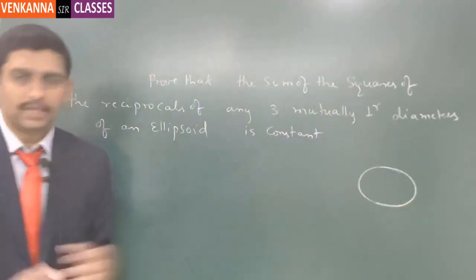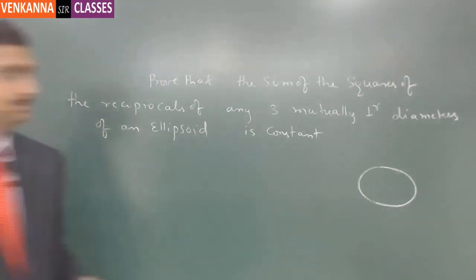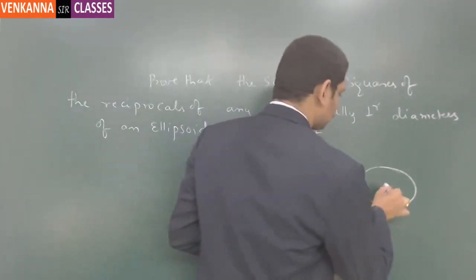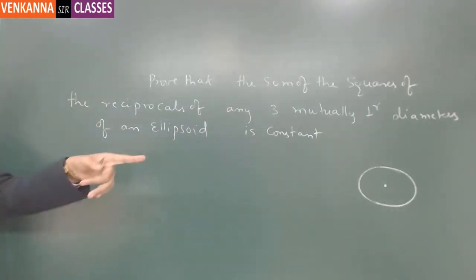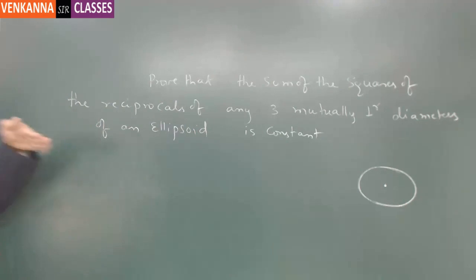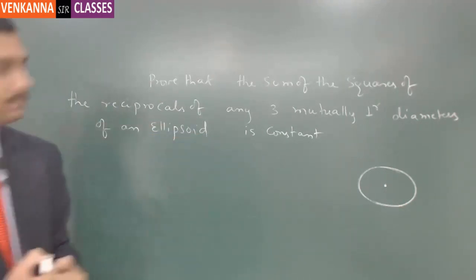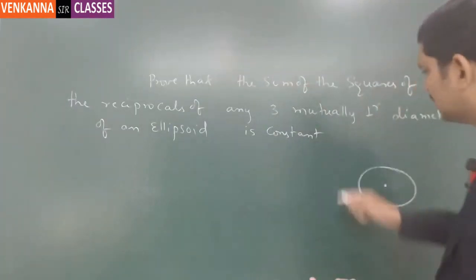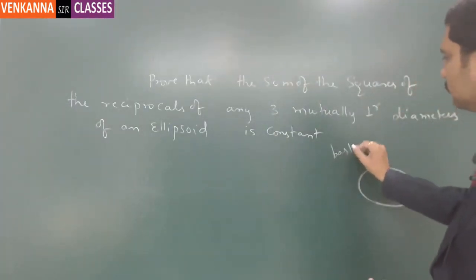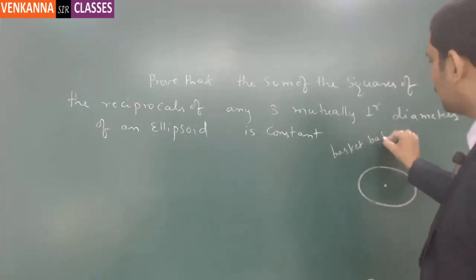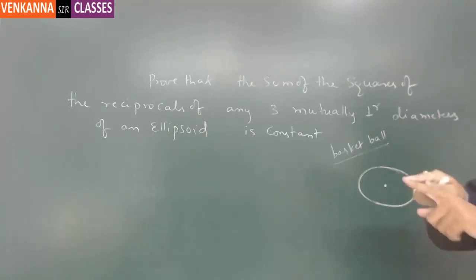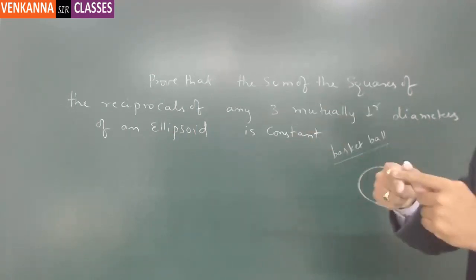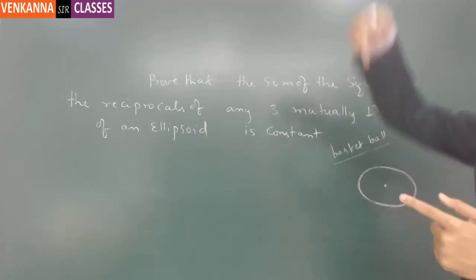Say this is the ellipsoid with the center. Now, what is meant by diameter here? The line, in other words, the chord passing through the center, we call it as the diameter. If you imagine the basketball, for the visualization of the ellipsoid, you take a line horizontally, vertically, and diagonally.